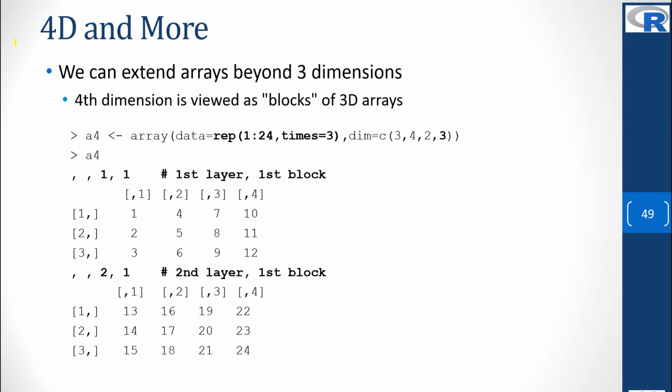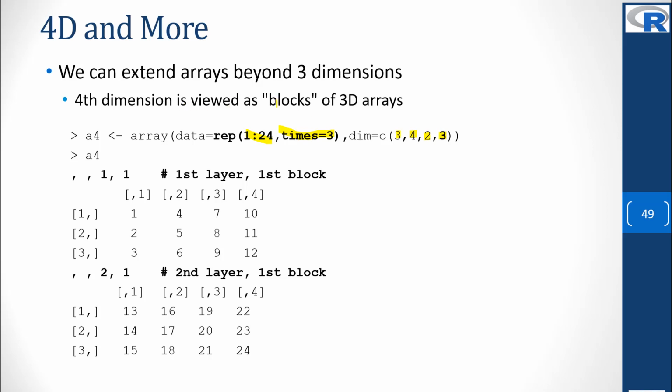We can go even further with more dimensions. We're going for a fourth dimension here. So we're doing an array, and we've got our standard 1 through 24 for our range, but we're using the replicate function to give us that value 3 times. And if you notice here for our dimension, we're saying 3 rows by 4 columns by 2 slices by 3 blocks.